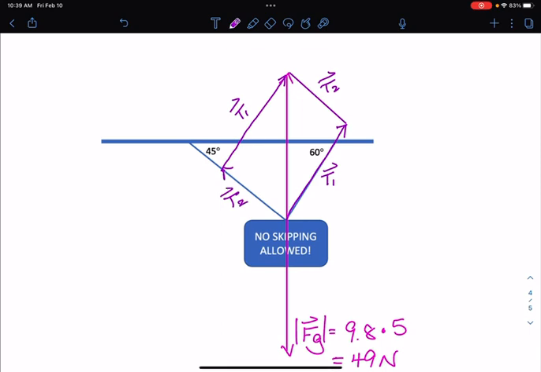So I have two angles, the 45 and the 60, which you can kind of see around here and here. If I draw an F pattern here, I can see that this angle is going to be 60 degrees.